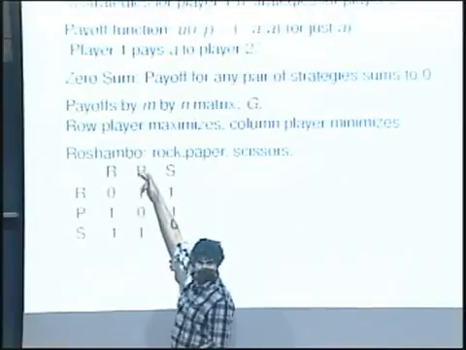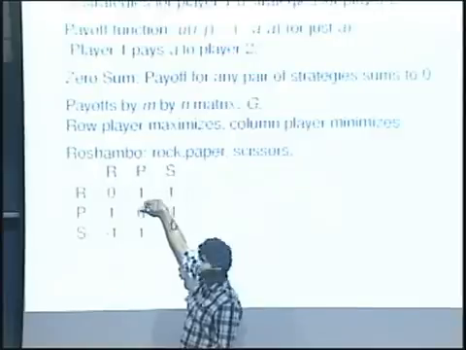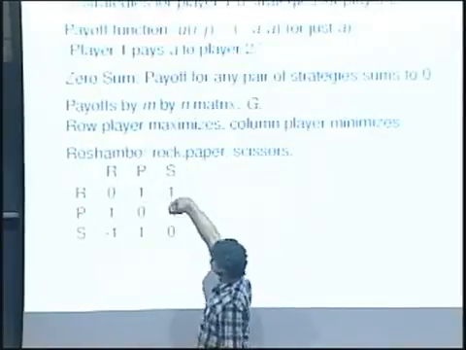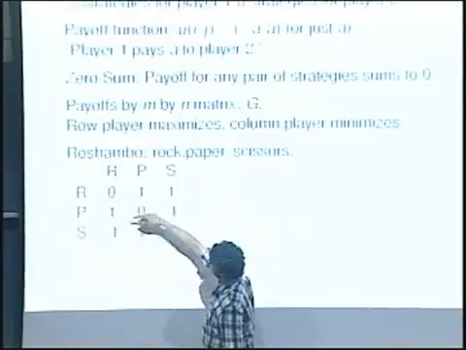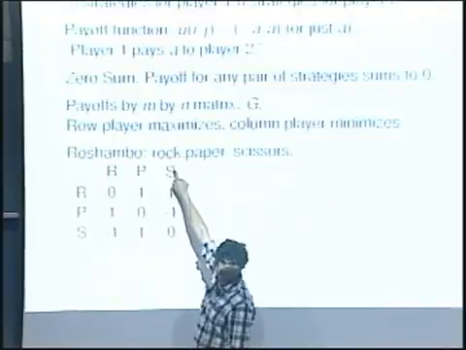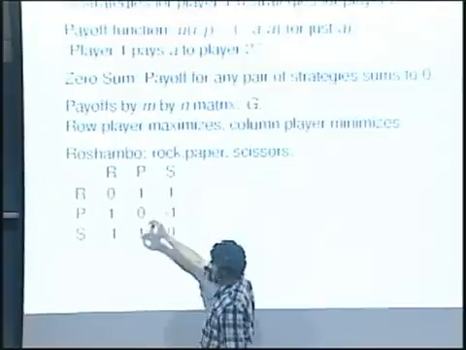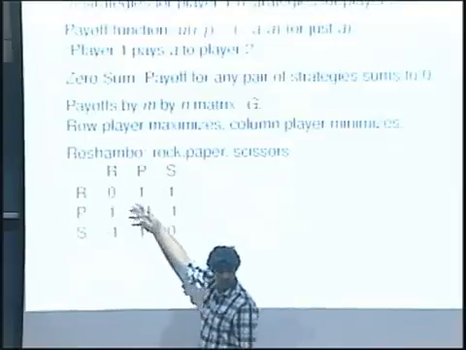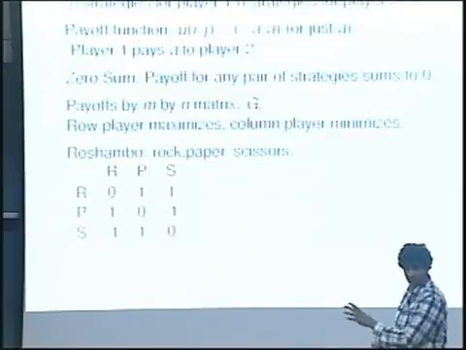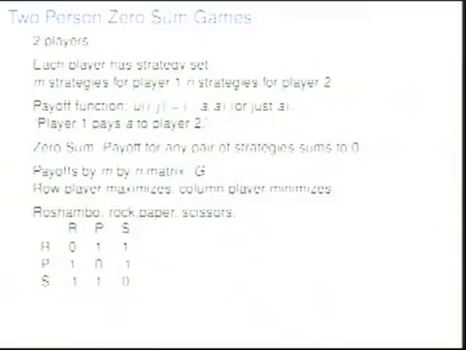Paper ties with paper, so nobody gets paid here. Paper loses to scissors, so row pays 1 to the column. And scissors is the same. So this is a matrix, a game we play. It's a strategic game. Each one of us has to have a strategy to play against the other person.